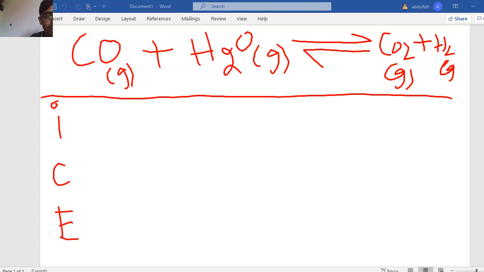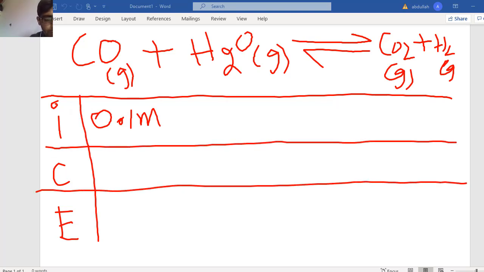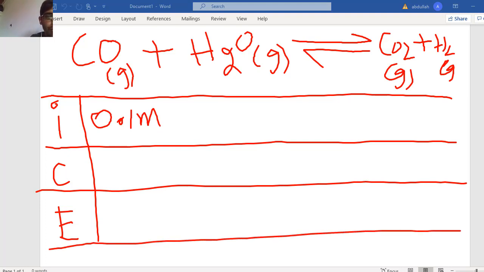And these are the reactants, carbon monoxide and water. Initially the carbon monoxide was 0.1 molar. The water was 0.1 molar.